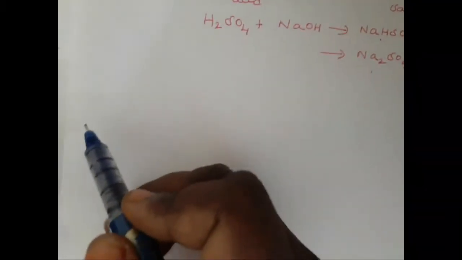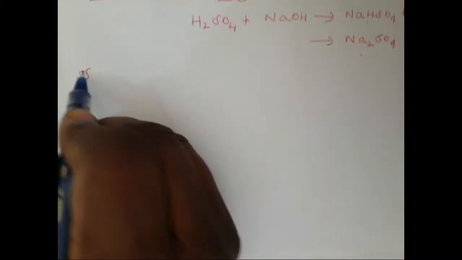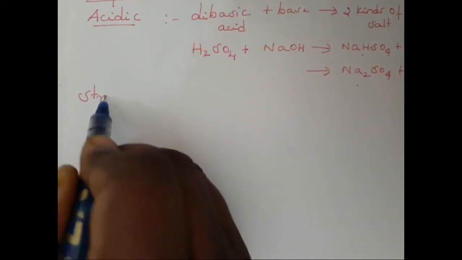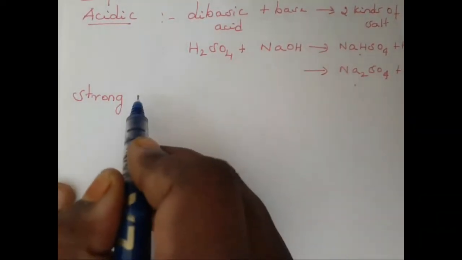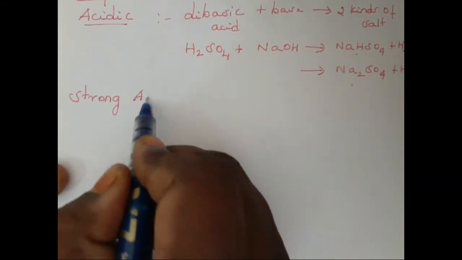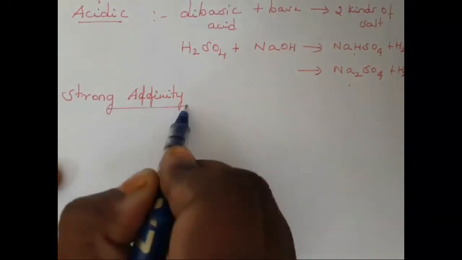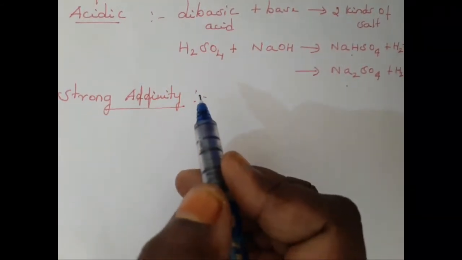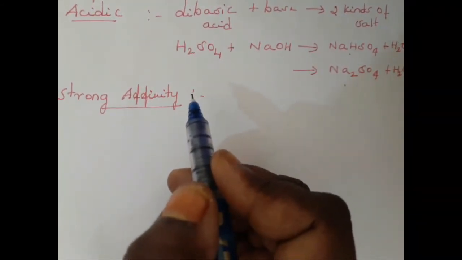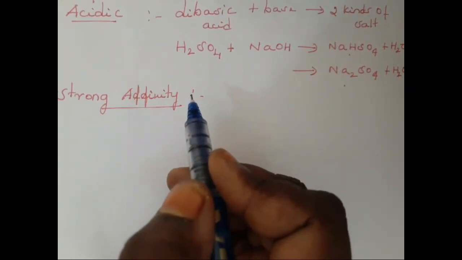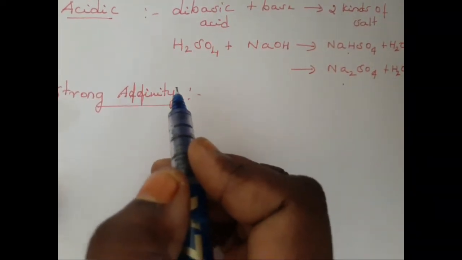Now let us see the strong affinity for water. You all know that sulfuric acid is a very good dehydrating agent. What is the meaning of dehydrating agent? It means that, like water, it will remove the water from the compounds with which it is treated. Am I right, children?